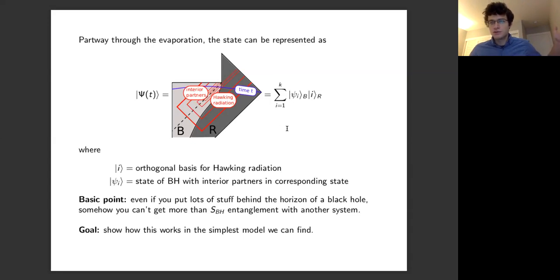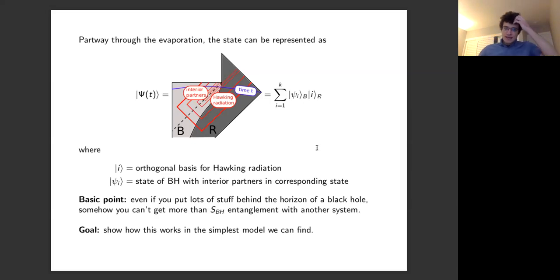So we get some huge sum of terms where we have Hawking radiation in some state i, and a black hole where the interior partners are in the corresponding state. The state of the black hole with that state of the interior partners is called ψ_i. So B stands for black hole, R stands for radiation.